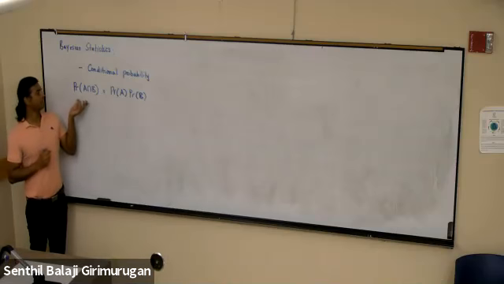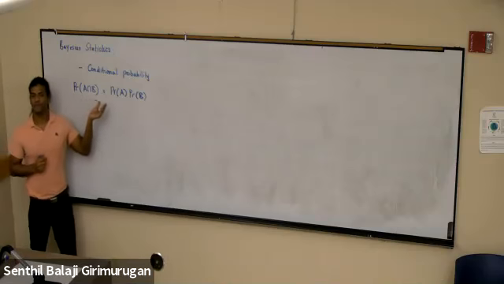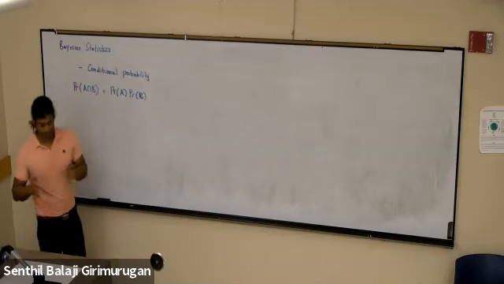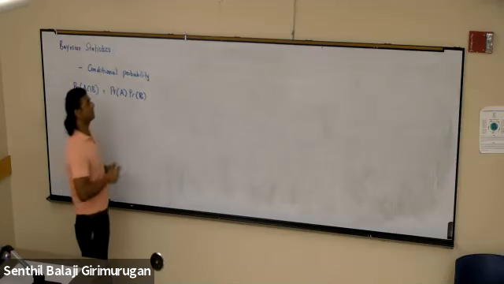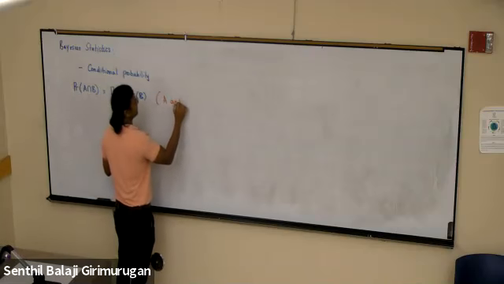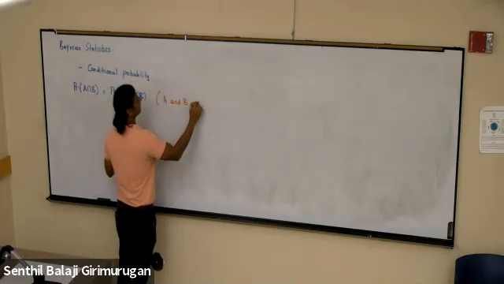So the probability of A intersect B is simply the probability of A multiplied by the probability of B. We know that, but this can only happen if A and B are independent.